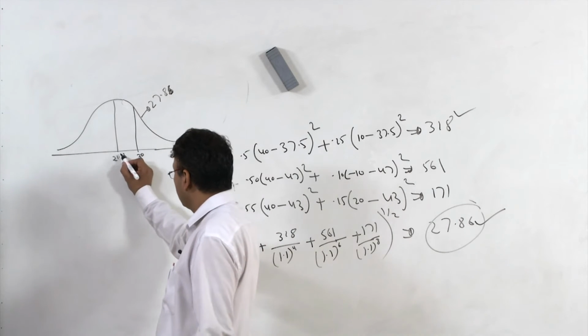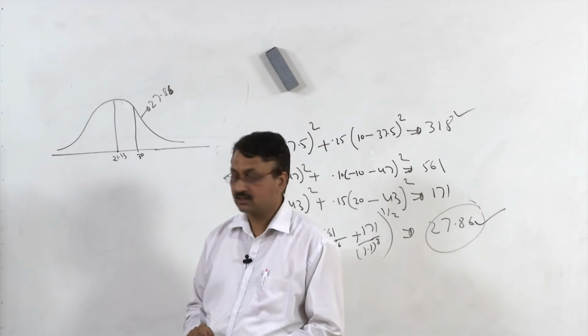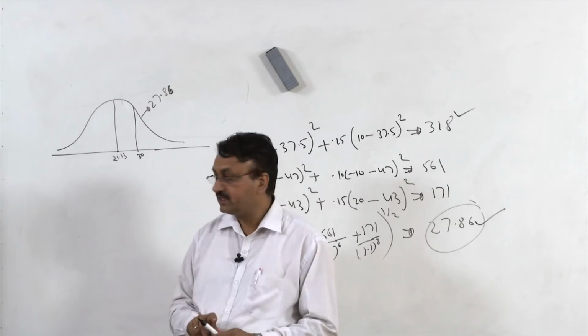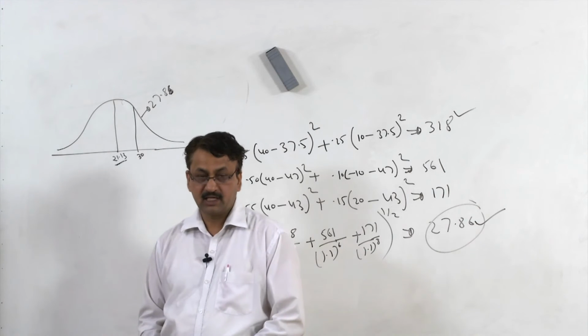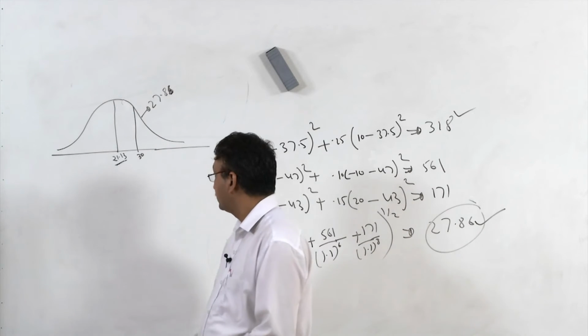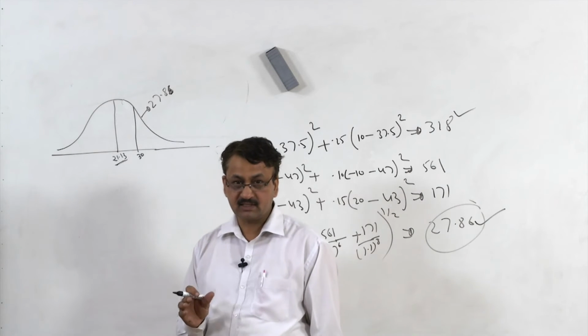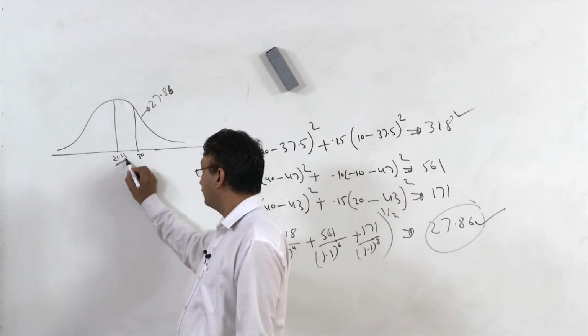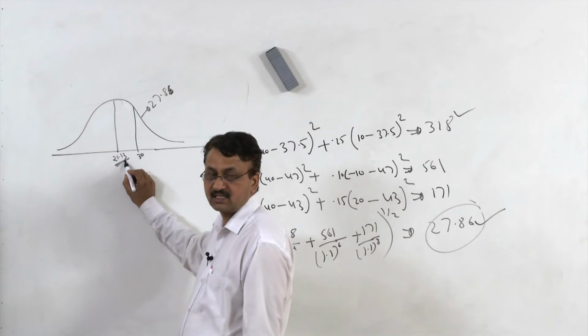If I ask you a question, what is the probability that the project would earn this much NPV, this is always at 50%. So you can always say that the probability that project would earn 21.13 lakh is 50%.